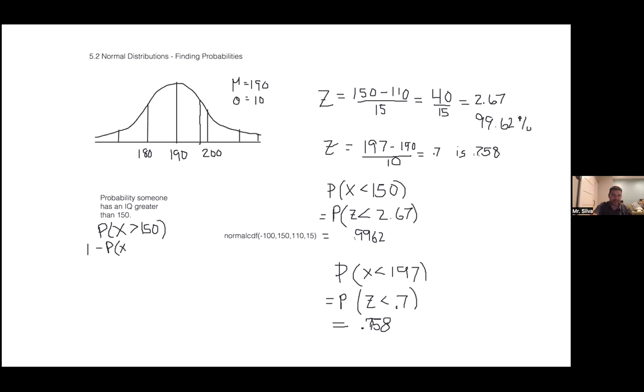The probability X is less than 150 is 0.9962, so I'm going to do 1 minus 0.9962. I don't want to screw it up, so I'll use my calculator: 1 minus 0.9962, 0.0038, just like I thought.